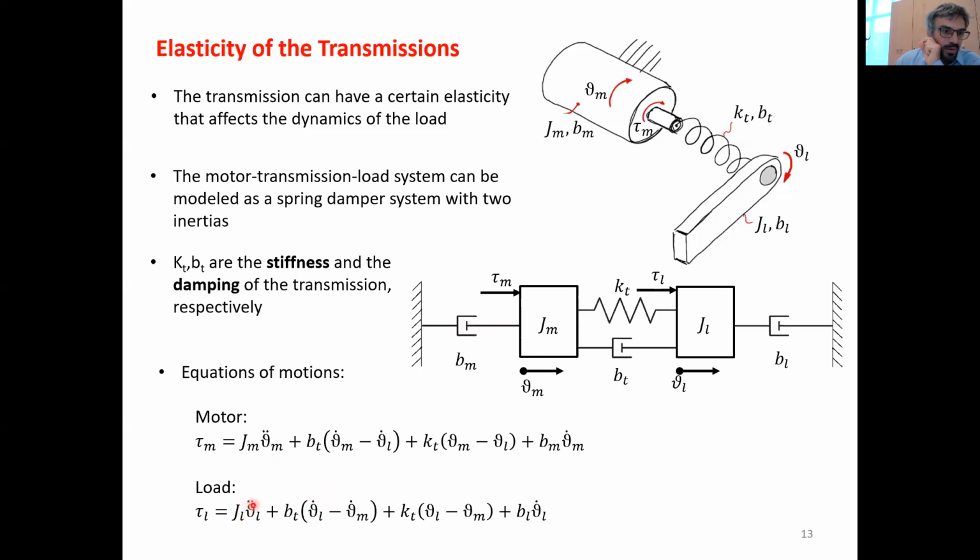But we also have states for the load position and velocity. And the two equations are linked by the transmission forces that are the elasticity and the damping of the transmission. Sorry, this is KT. I will correct this.